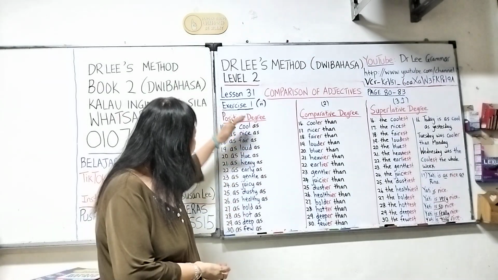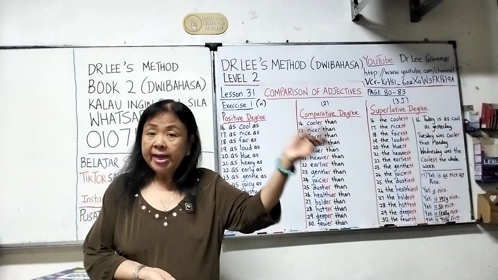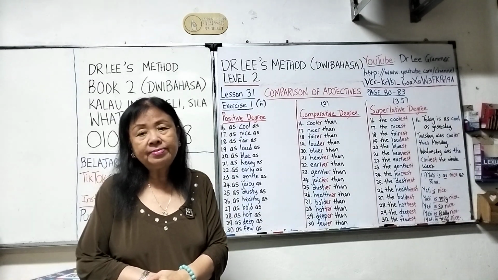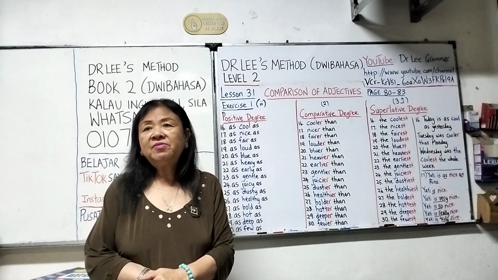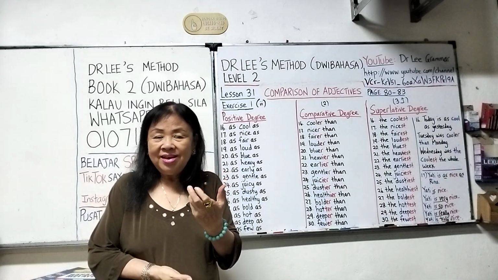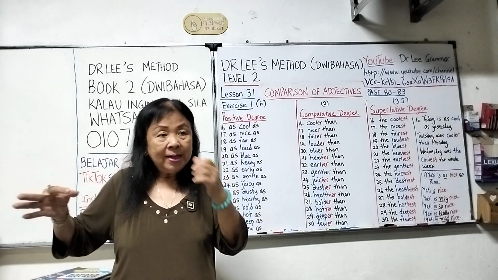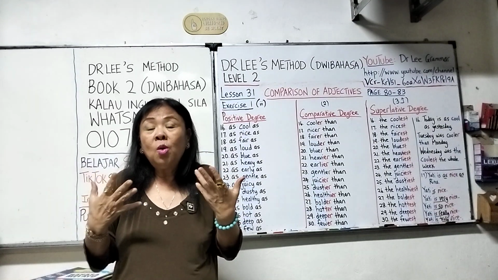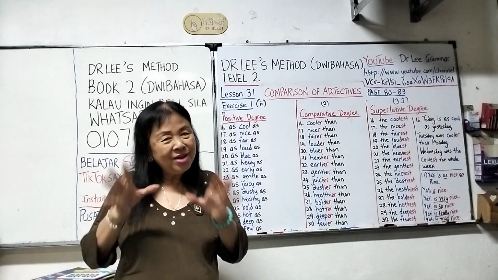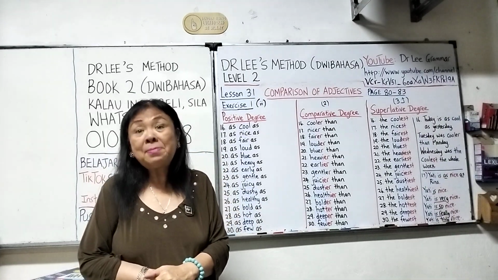But if it is just positive degree, the lesson before this, you discover that it's like vocabulary. You must know the meaning in the sentence. Only then can you know which adjective it is. But for comparison of adjectives, yes, you're actually seeing the grammar part.